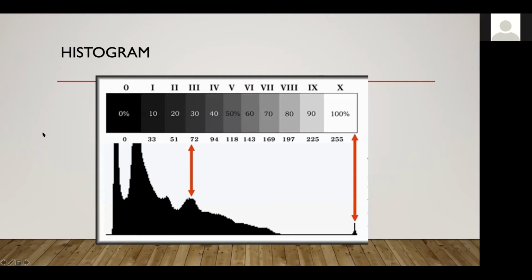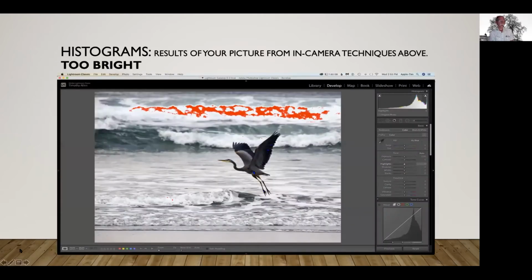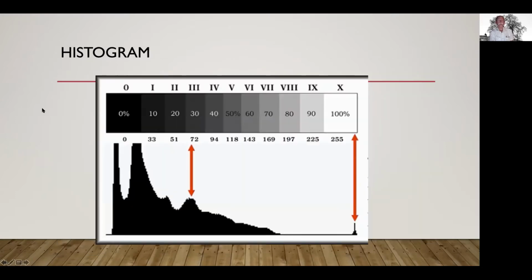Now here's another view of a histogram. Sorry about that, back. One of the things I've done here is that this image has our zones across the top. So pure black at 0, white at 10, and we've also got the percentages that show up here. Now, what are these numbers here? Anybody have any idea?